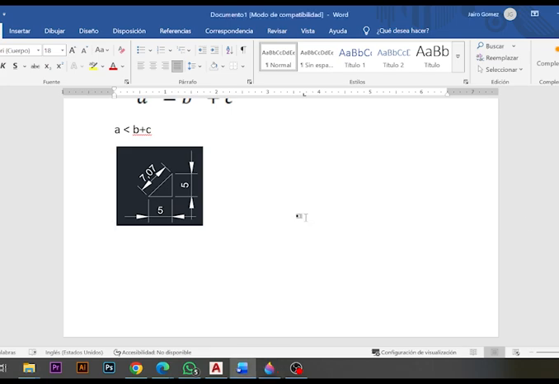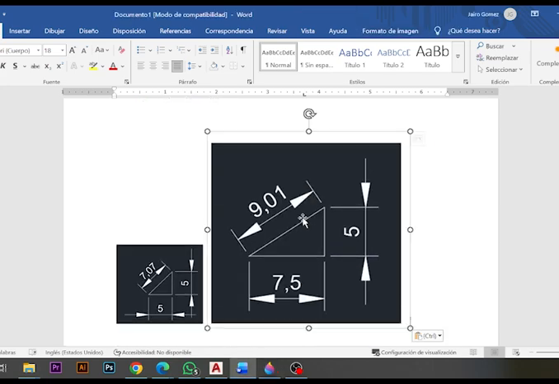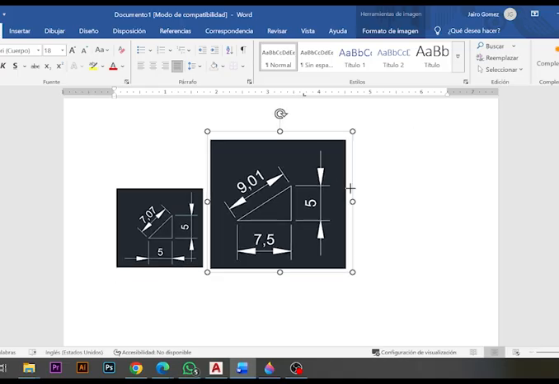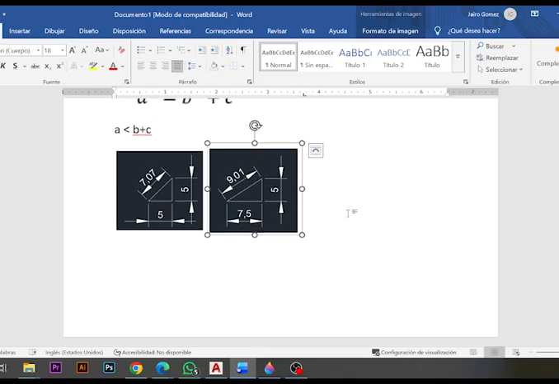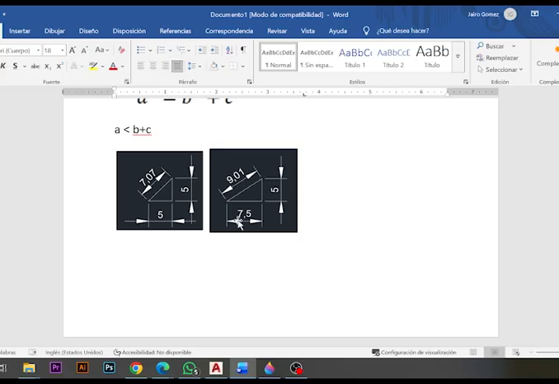Well, let's see. In the next example, side B gets a little bit bigger than side C. In this case, the sum of these two is 12.5, and now this side is a little bit less than here.